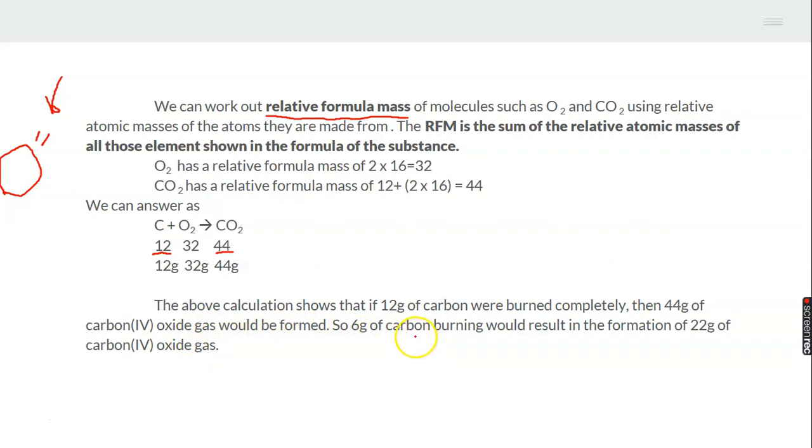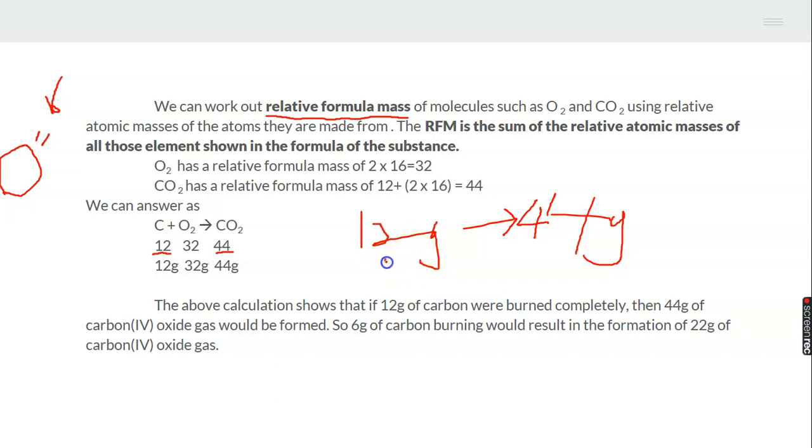So 6 grams, how can you now do 6 grams? You can use your cross multiplication. You know, 12 grams of carbon gives you 44 grams of CO2.